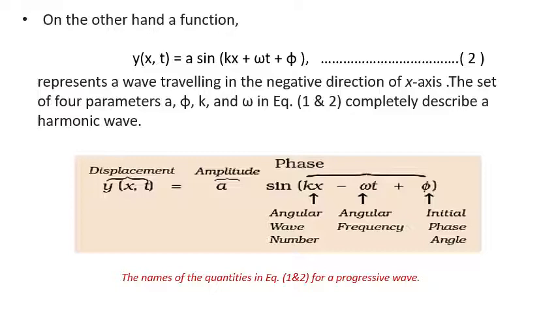The set of four parameters a, phi, k and omega represented in equations 1 and 2 completely describe a harmonic wave.